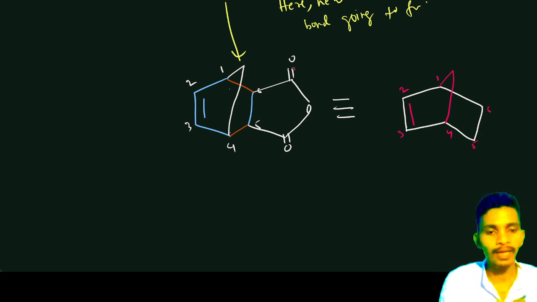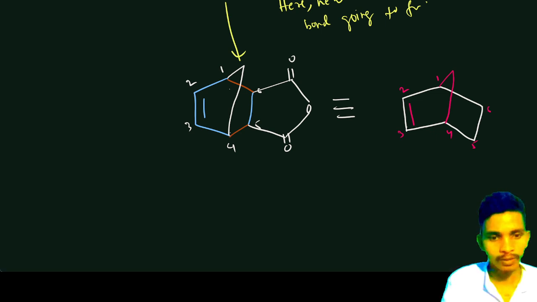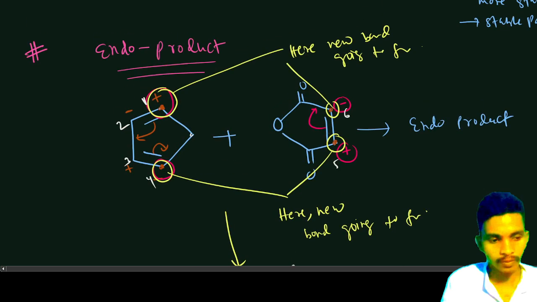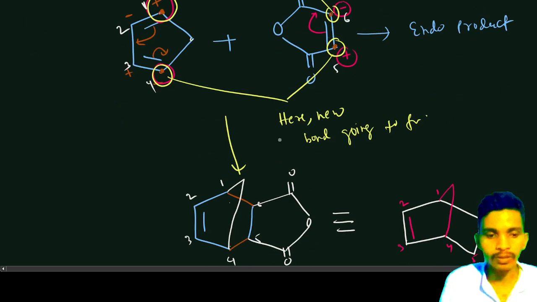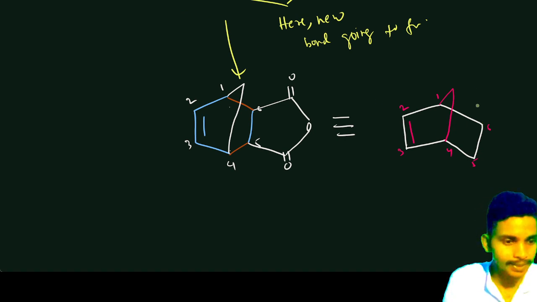Now what we see is the exo product and the endo product. Since we are going for the endo product, this is the endo product. Endo product means we know this is the axial and this is the endo. Endo means this will come to the endo side like this.